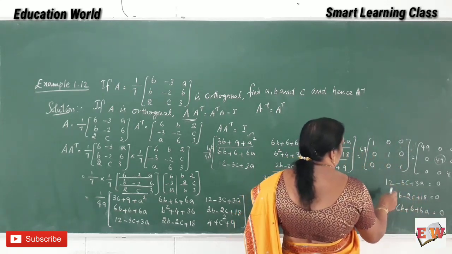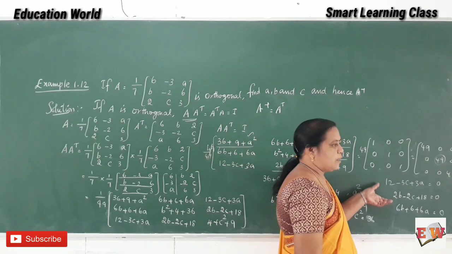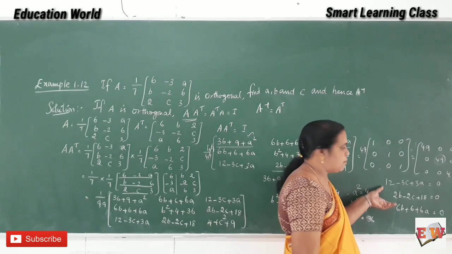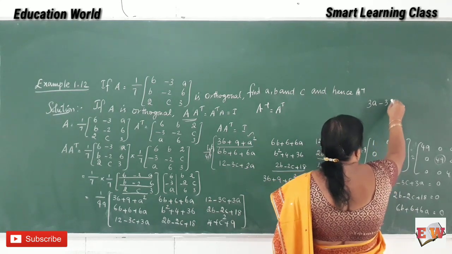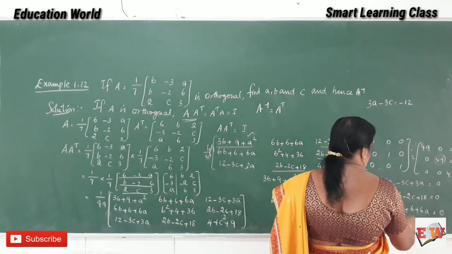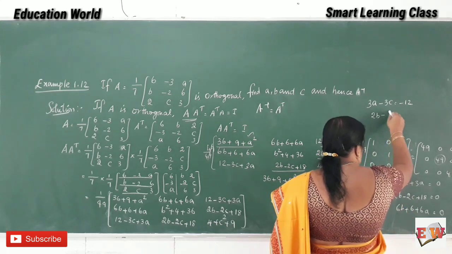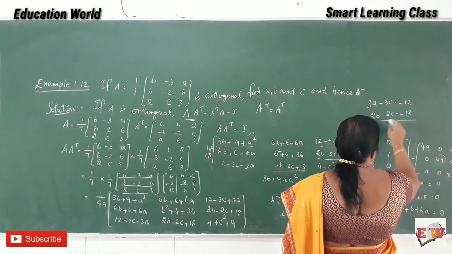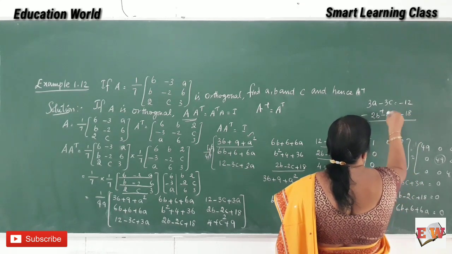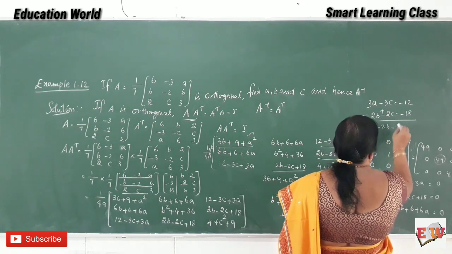So if you are going to find a, b, c from this by using the elimination method, 3a minus 3c is equal to minus 12, 2b minus 2c is equal to minus 18. Suppose you are going to cancel this, minus plus 3a minus 2b minus c.